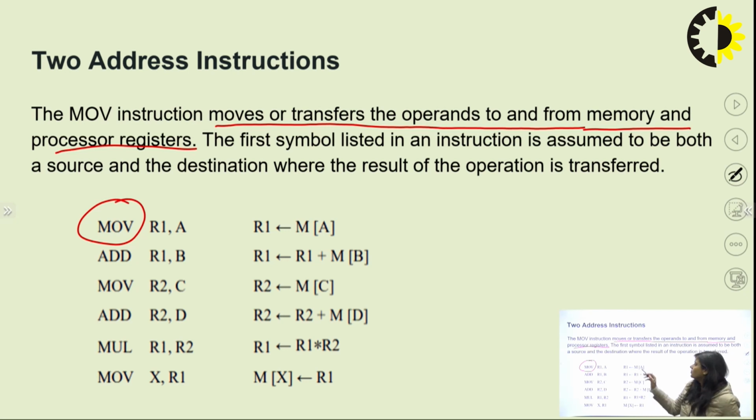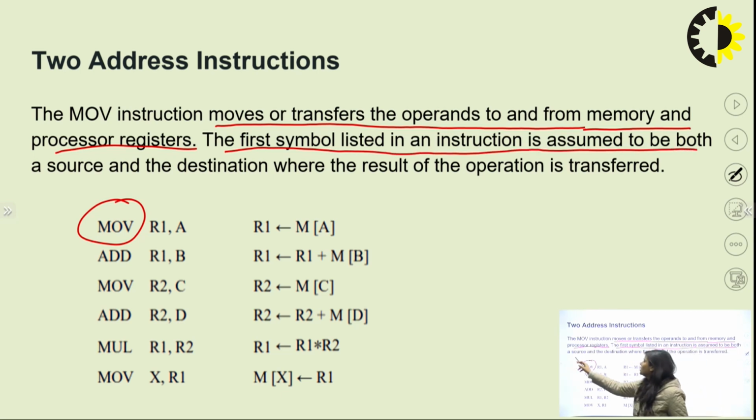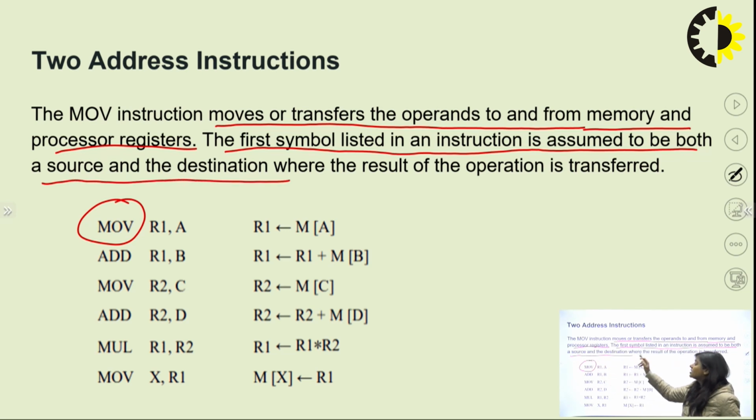The first symbol listed in an instruction is assumed to be both a source and a destination. This is the main part of this address instruction: in this step, for example, R1 is also involved in the calculation, and the resultant is stored back in itself.